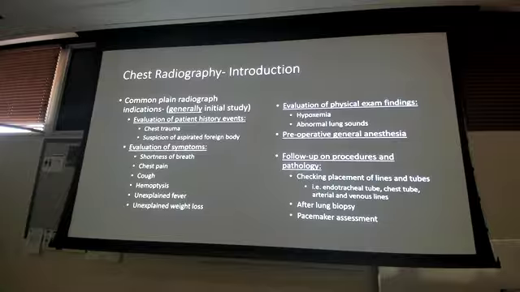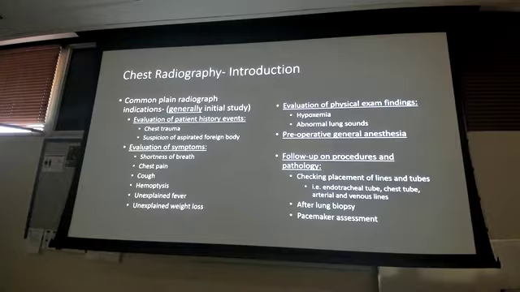Or have an idea what complications they could end up with, like if the patient has COPD, they want to know how bad it is prior to doing the anesthesia. And then follow up on procedures and pathology. So one of the things you guys will do a lot, when you get to phase 2, and for those of you that aren't working in MTFs in like a family health clinic, if you go into any type of specialty that involves rounds or inpatient wards, is tube and line placement. Whenever you put an NG tube in, right, you get an x-ray to make sure it's where it's supposed to be.